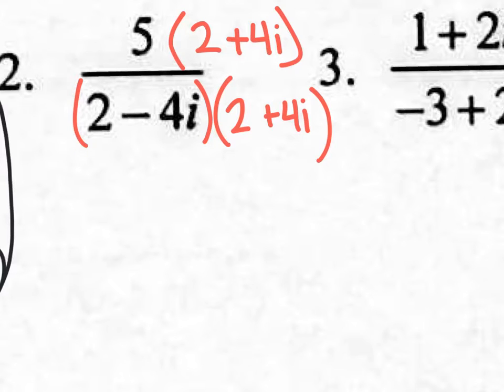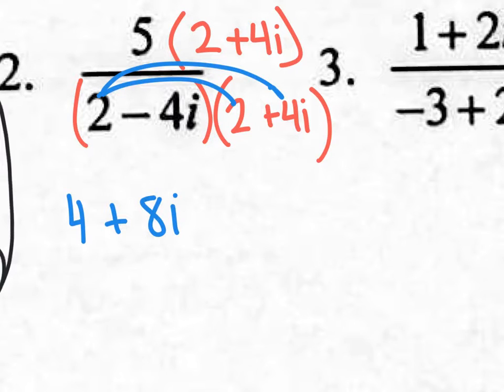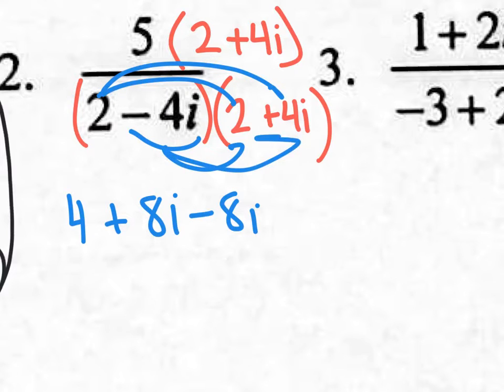Let's work on the bottom. What's 2 times 2? Oh, that's 4. What's 2 times 4i? Oh, that's 8i. Positive 8i. And then what's negative 4i times 2? Oh, that's negative 8i. And then what's negative 4i times positive 4i? That's going to be negative 16i squared.